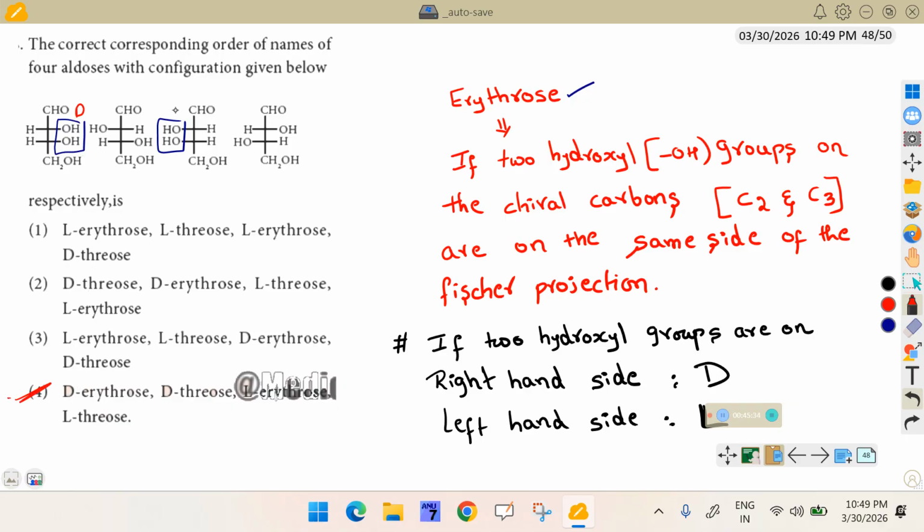Left side, L-erythrose. First one D-erythrose, last one L-erythrose. Opposite side OH groups are threose. From the bottom onwards, if the first carbon atom's OH group is on the right side, D-threose; left side, L-threose.